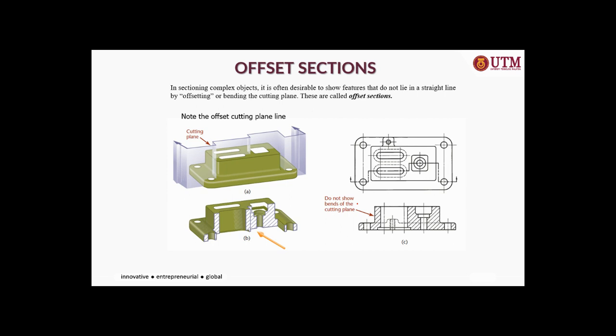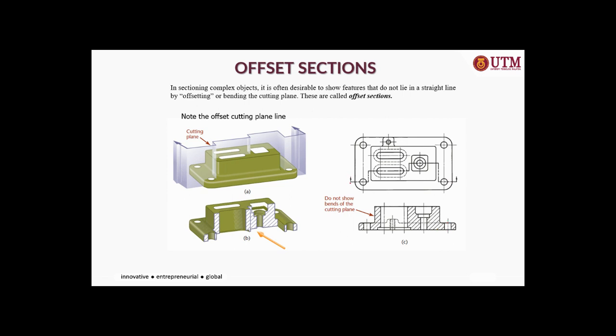Offset section, normally you go through places where you want more details on that part. So for example, on this equipment here, when you want more details about this hole and this section and this part and here, your cutting will not be a straight line. You will cut through this hole to reveal more information on this part, and then you move up to here to see more details on the other parts, then further up, and then you move down to get more details on this part.